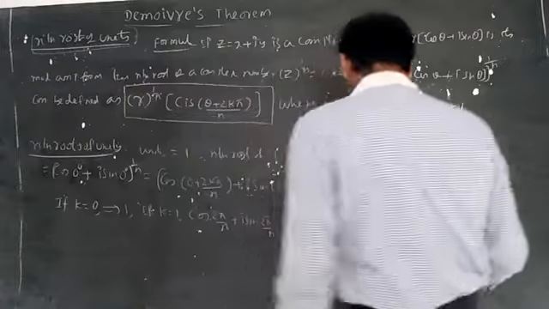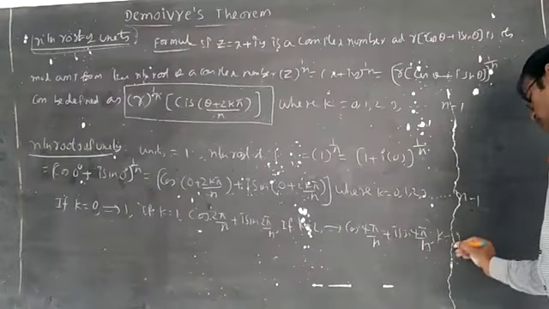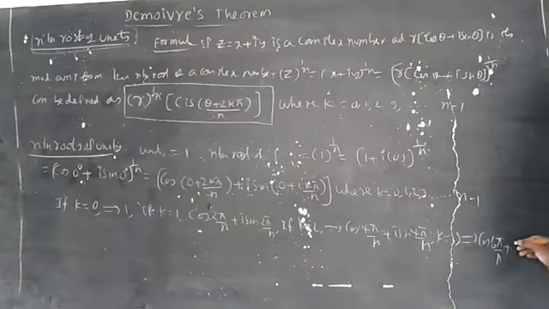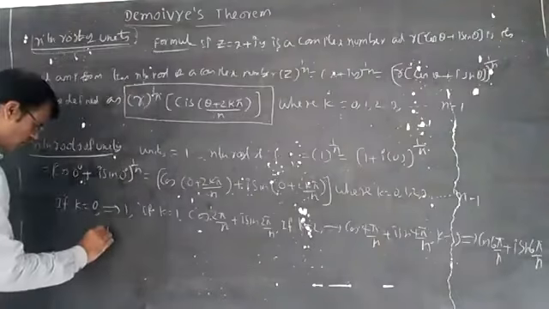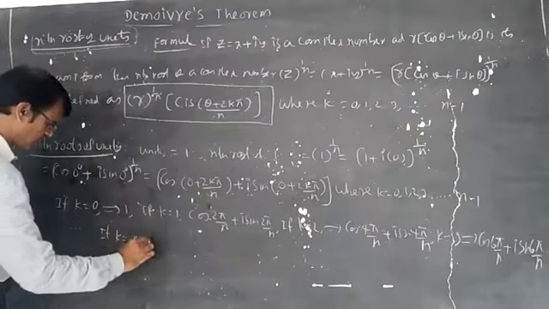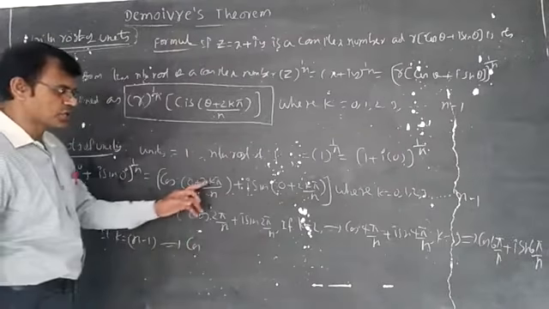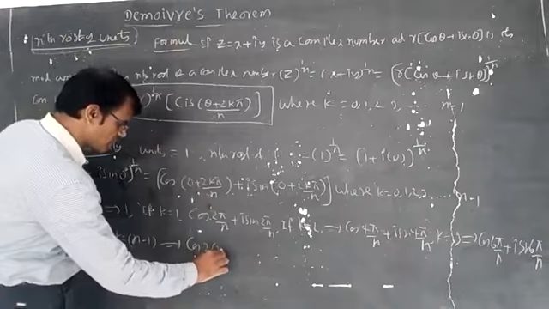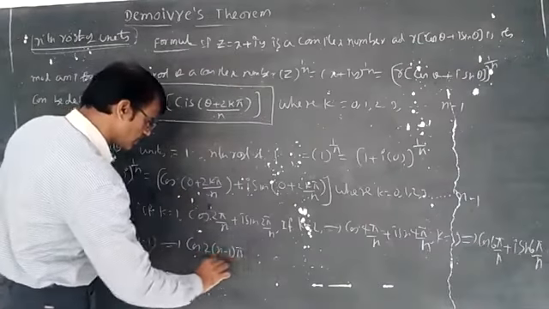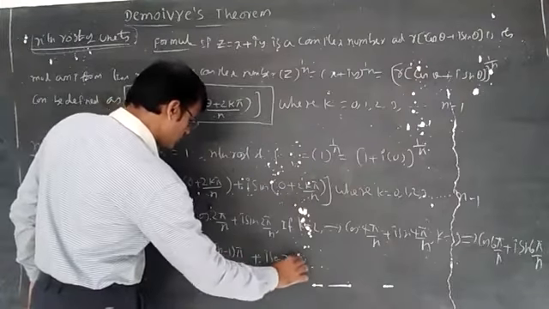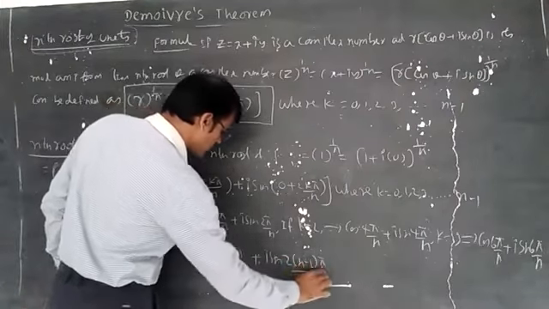If k is equal to 3, that implies cos of 6 pi by n plus i sin of 6 pi by n, and so on. If k is equal to n minus 1, the value becomes cos of 2 into n minus 1 pi by n plus i sin of 2 into n minus 1 pi by n.